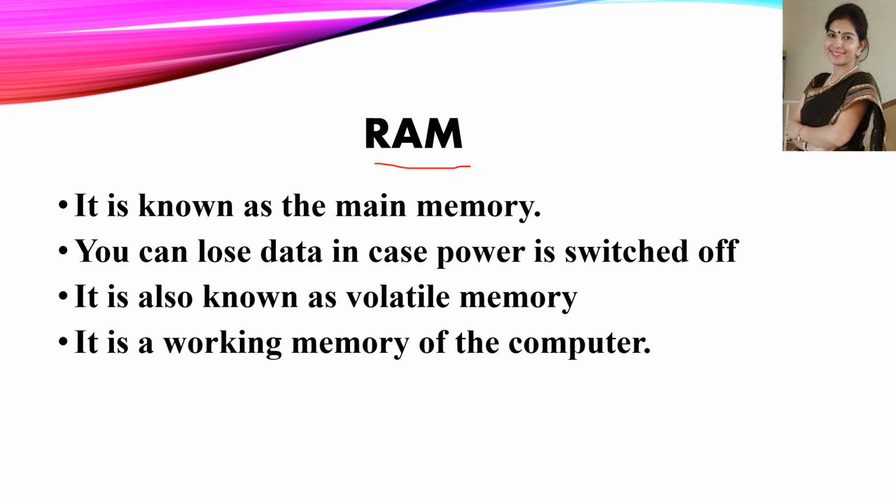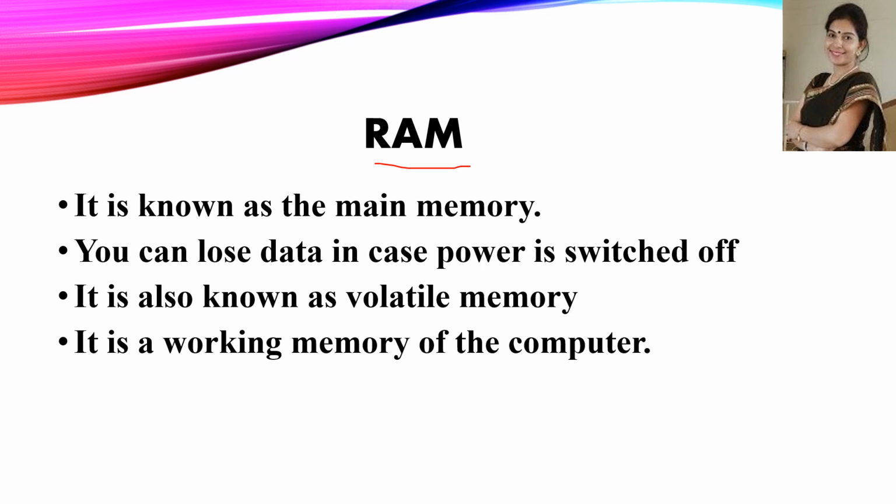And as I have told, this is a volatile type of memory, that is you lose data when you switch off or power off your device. And this is the working memory of the computer, because when you turn on a computer, the files of the operating system are loaded into the RAM from a storage device like your hard disk.